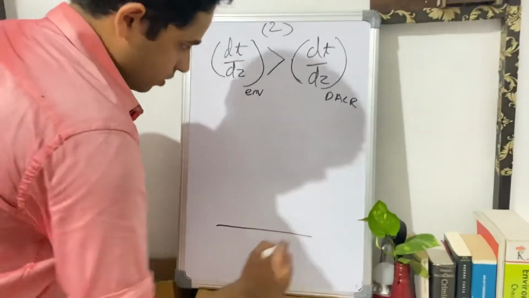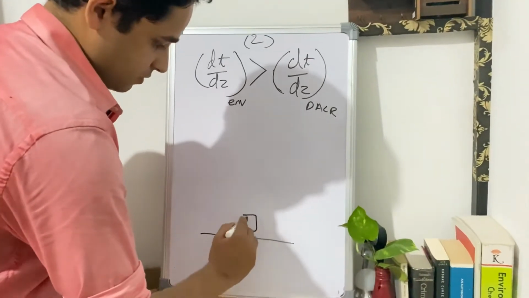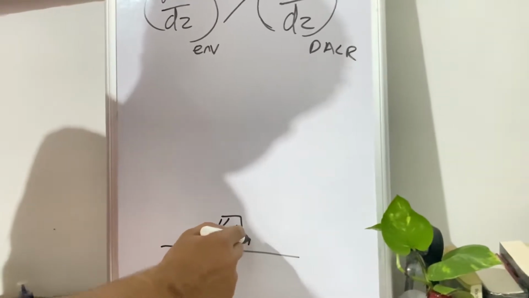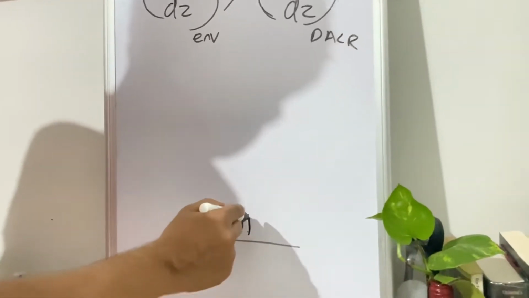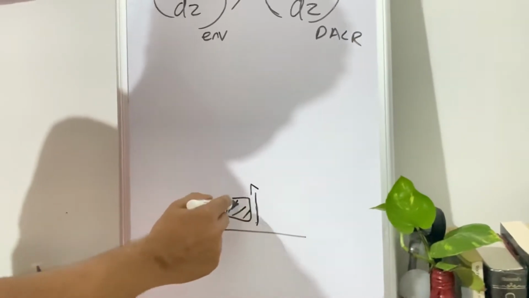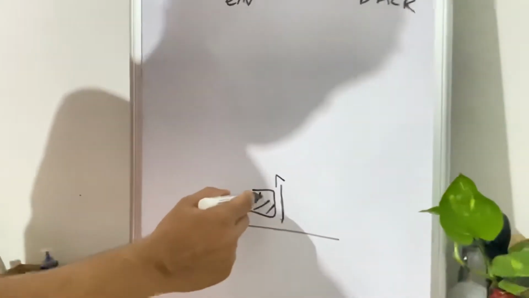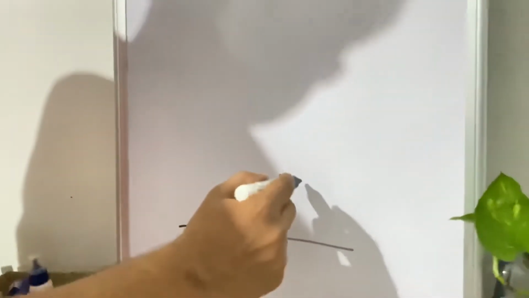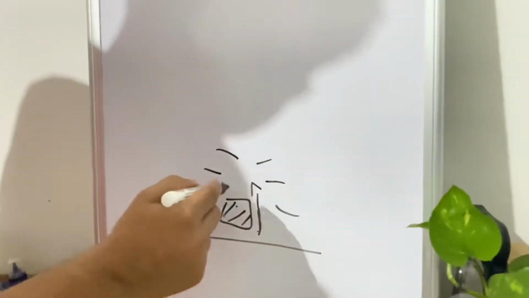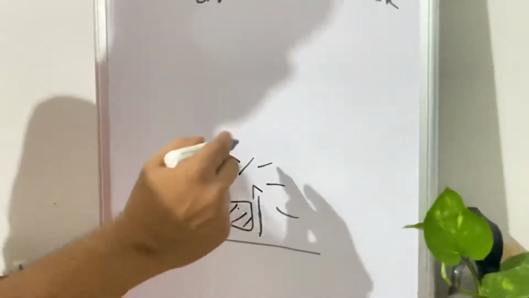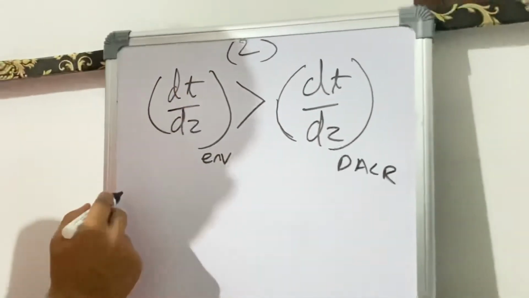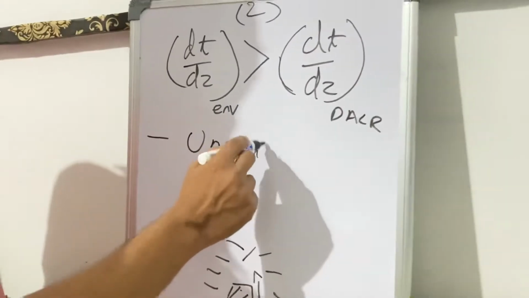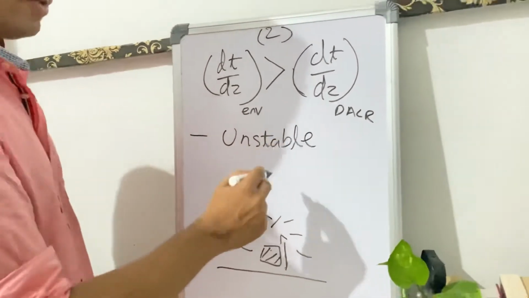So when we draw the air parcel, which follows the dry adiabatic lapse rate, if it is going up and the temperature inside the air parcel is less than the environmental lapse rate, which is the atmospheric condition surrounding it, then the temperature condition is said to be unstable. There are chances for rain, heavy winds.